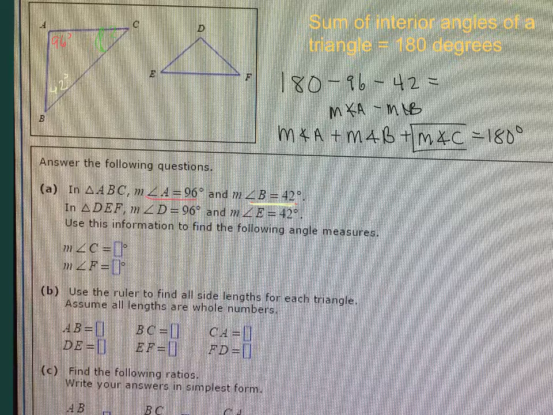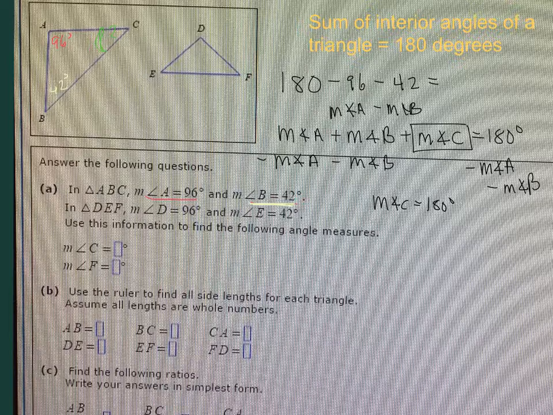I don't know the measure of angle C, so I'm going to subtract the measure of angle A and the measure of angle B from both sides. That leads us to the measure of angle C equaling 180 degrees minus the measure of angle A minus the measure of angle B.